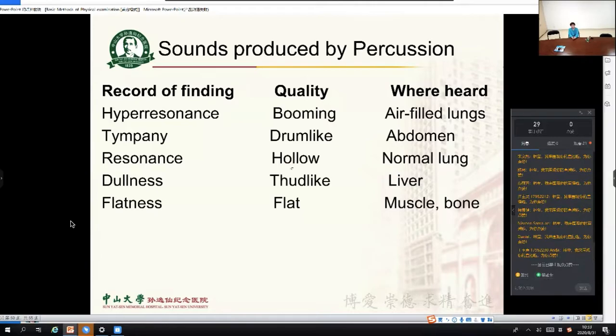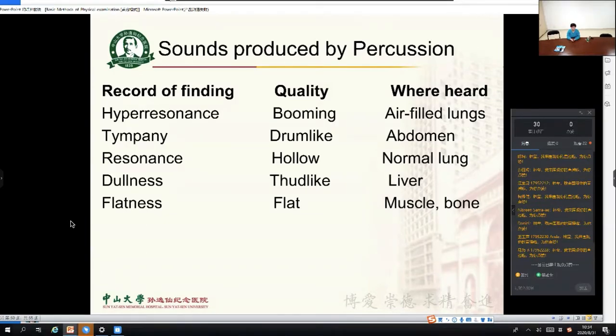Okay, sounds produced by percussion, we need to record the findings like this, and they have different quality and different location. When we perform the percussion for the lung, we may be able to pick up hyperresonance. The quality of hyperresonance is booming, in air-filled lungs.